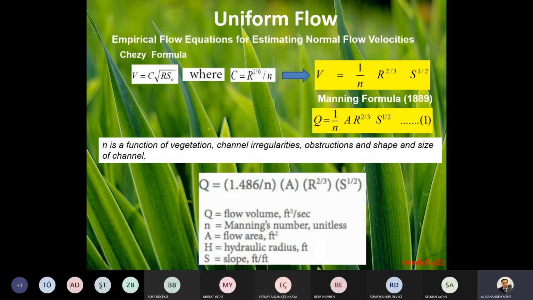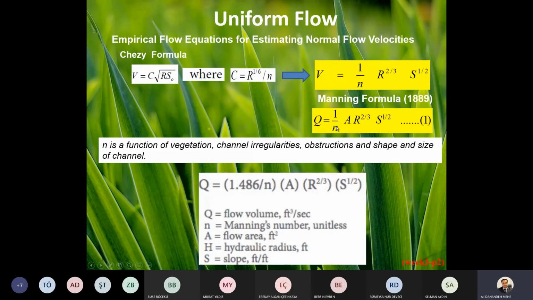So one important thing is the original form of the velocity or discharge when you are using Manning formula. Actually, this formula is given in SI unit, and you already saw in the Manning roughness table that n is unitless.